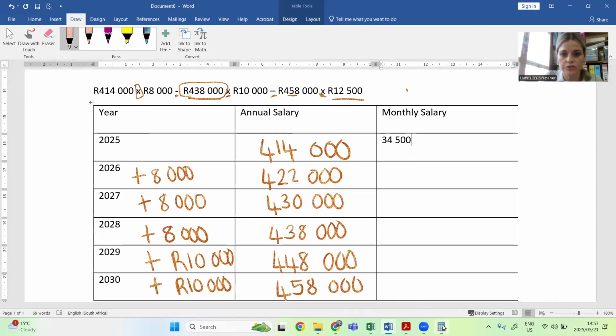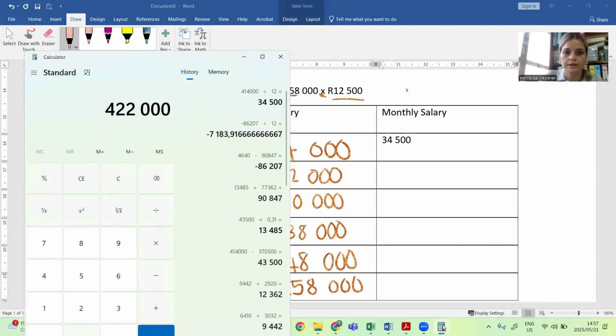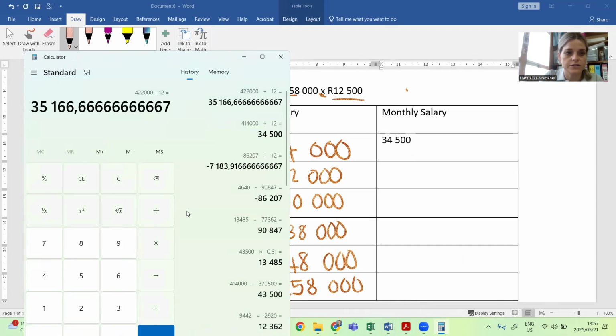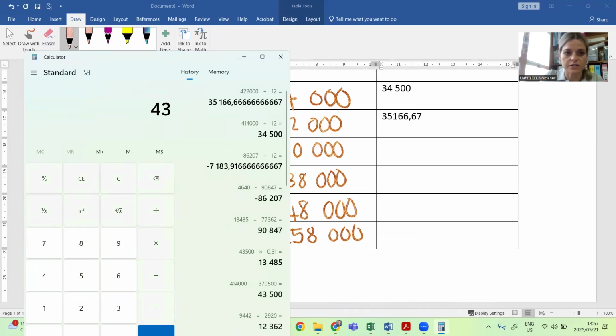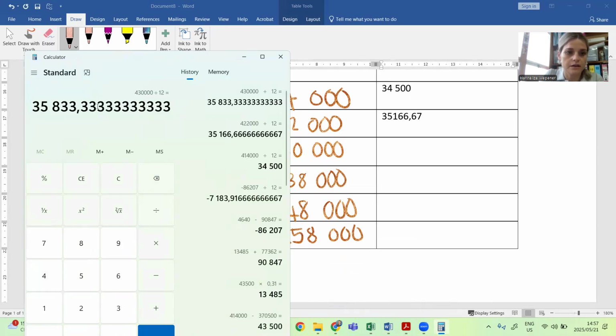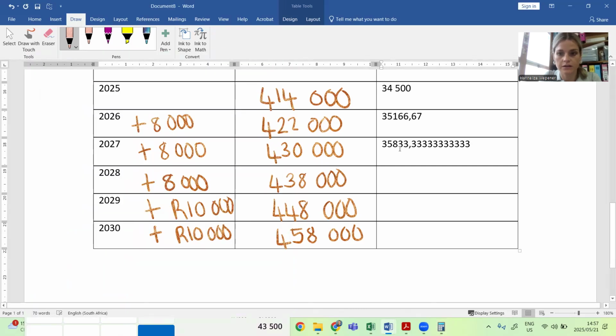Then in year 2, divided by 12, it's just like a decimal over here. It's fine, we will work with the decimals. We know we're working with money. Then 430,000 divided by 12 is 35,833.